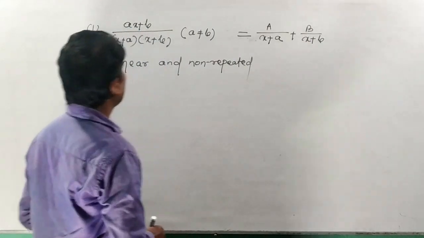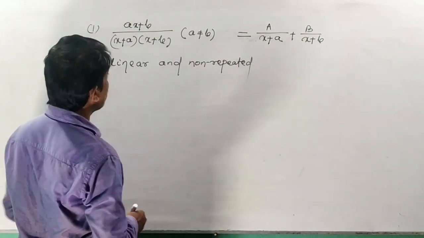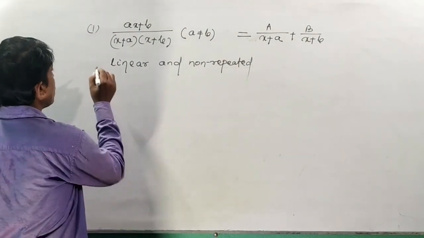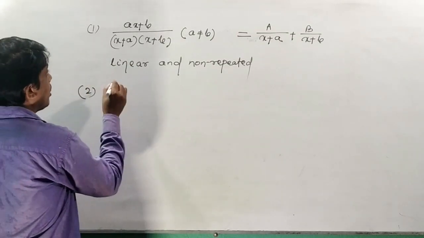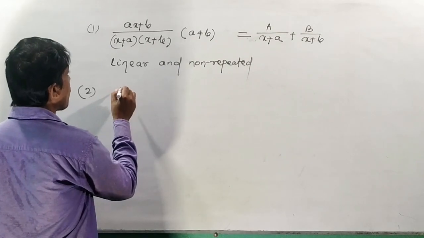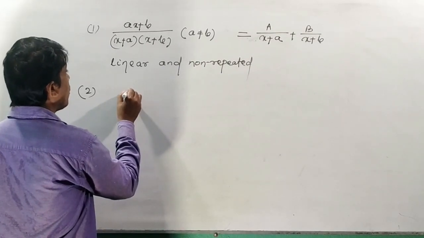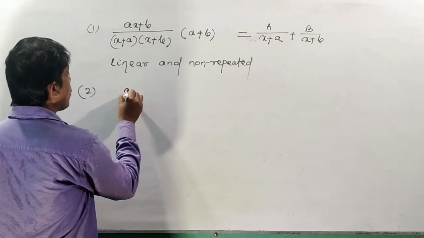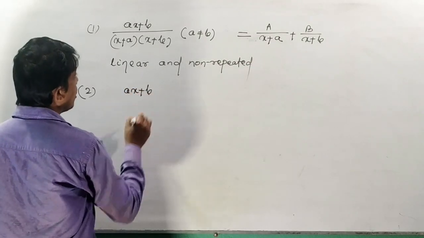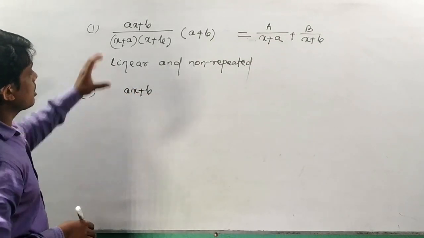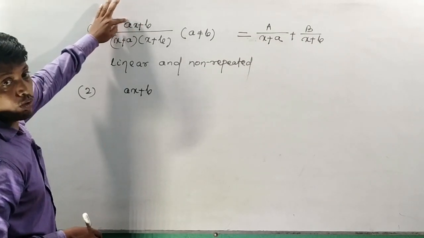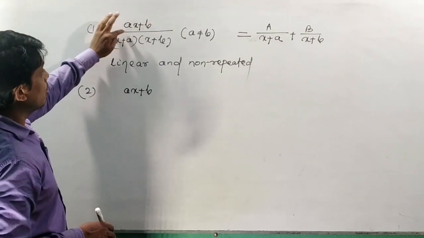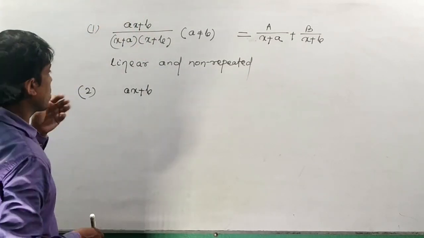Let us discuss that later. First consider the cases. Secondly, if the numerator is ax plus b, a may be 0, then you can take only a constant.